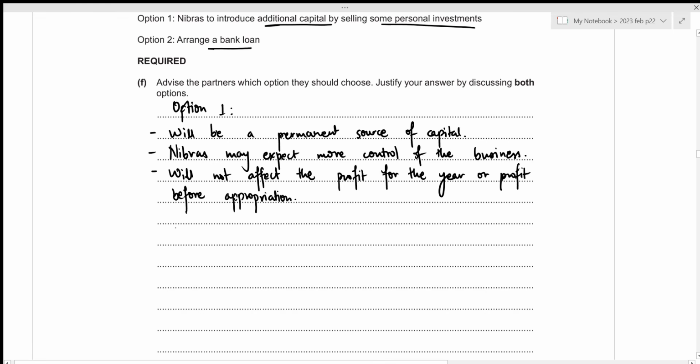Now let's talk about option 2, which is a bank loan. A bank loan is definitely a temporary source of finance, so it will have to be repaid in the future. So, temporary source of finance which needs to be repaid in the future.